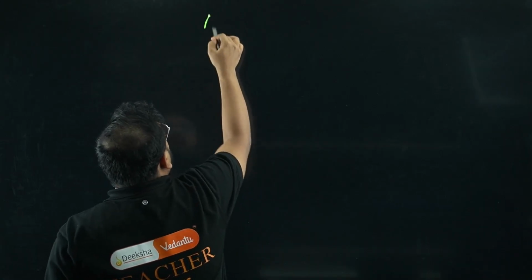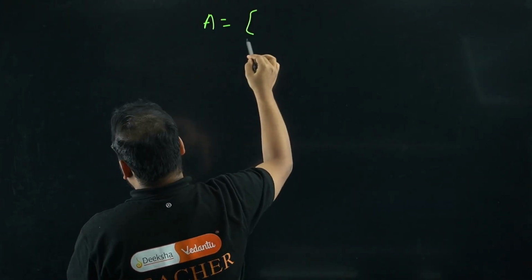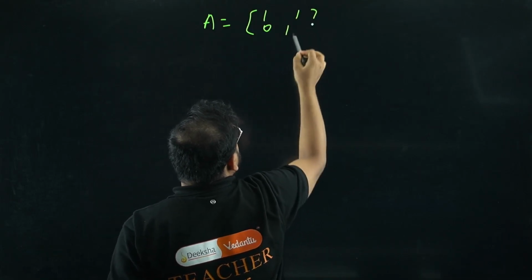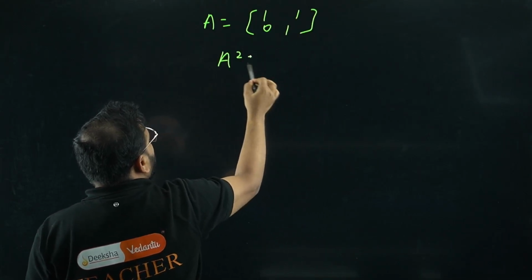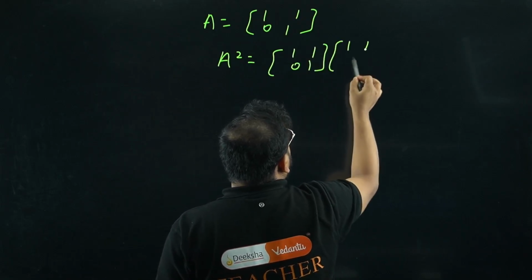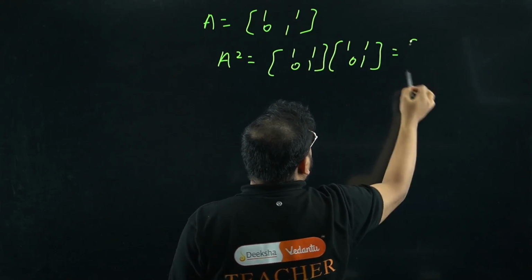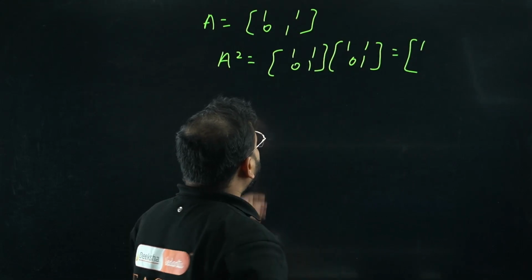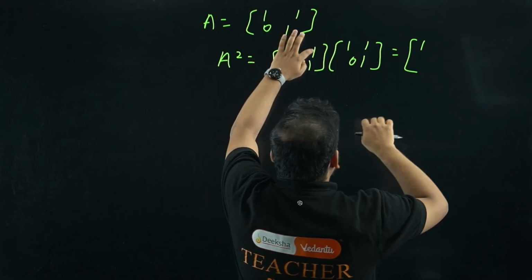We have the A value given over here, don't we? Check this out. I have A given as [[1,1],[0,1]]. Let's find A square first. It will become [[1,1],[0,1]] with [[1,1],[0,1]]. 1 into 1 is 1, and 1 into 0 will be 0.